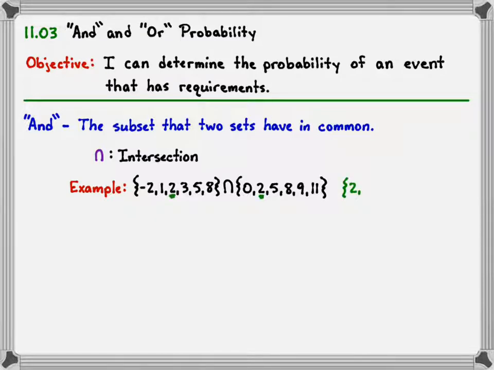We can see that 2 is in both of them. We can see that 5 is in both of them. And we can see that 8 is in both of them. And so the intersection of these two sets is 2, 5, and 8. And again, think of the word intersection. We are looking for the places where those two sets cross each other or where they have the same things in common. So they cross each other at the numbers 2, 5, and 8.